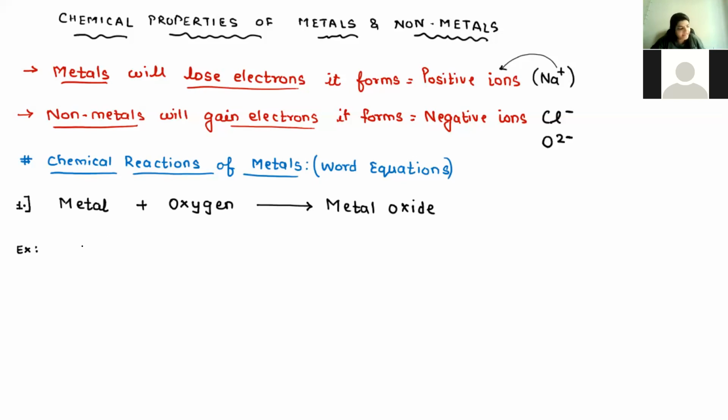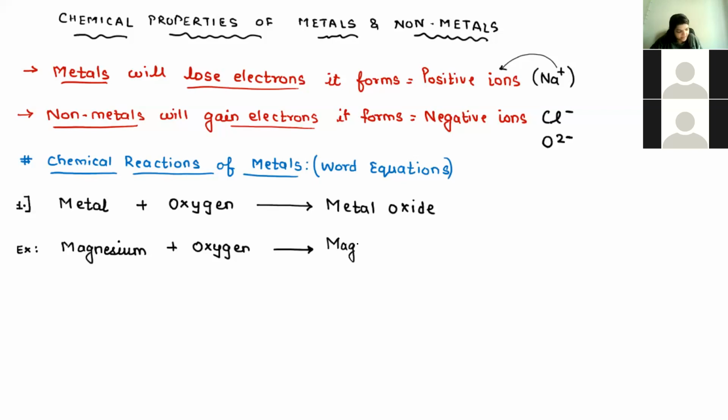Suppose I take the metal as magnesium. When I react magnesium with oxygen, what product am I going to get? Magnesium oxide? Yes, I'm going to get magnesium oxide.